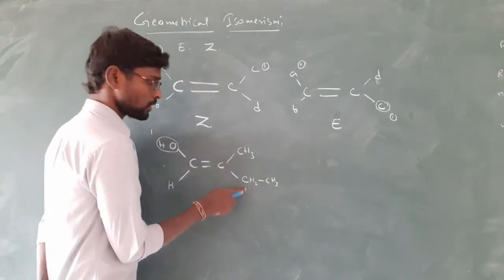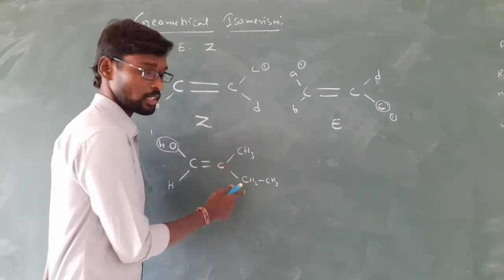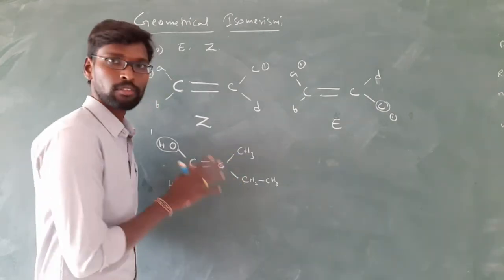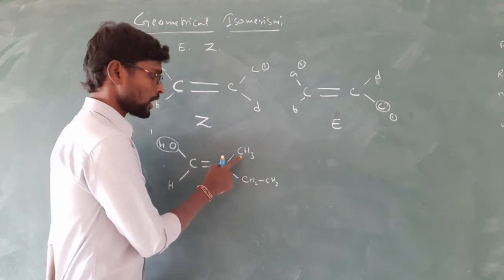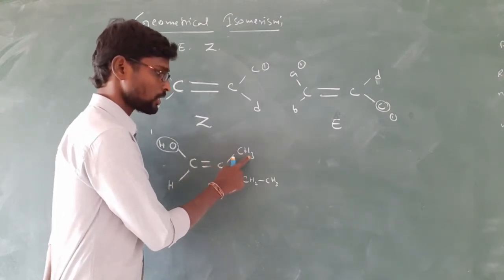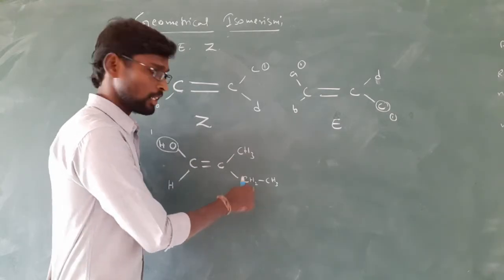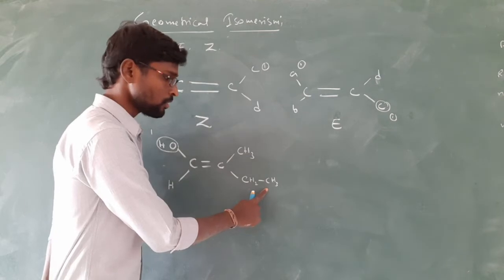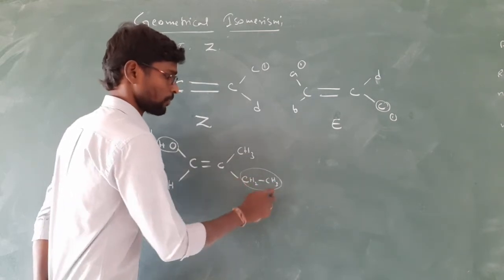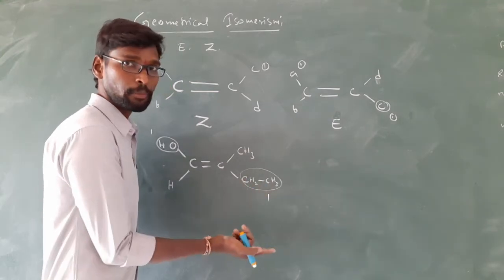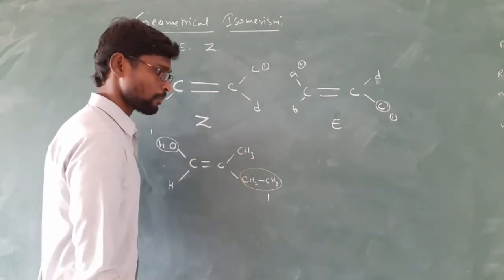Now if you go here, carbon, carbon, both are carbons. Same as in R-S nomenclature, here also you have to give a priority order. After carbon, here 3 hydrogens are there, here only 2 hydrogens are there. That means at the one hydrogen position we have a carbon again. So priority goes to this side, right? Because carbon has a higher atomic number than hydrogen.